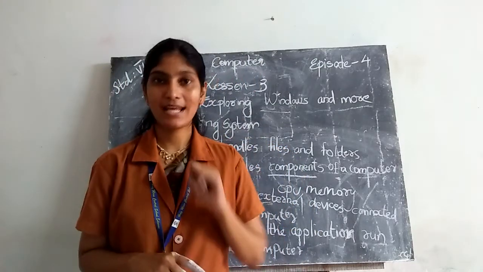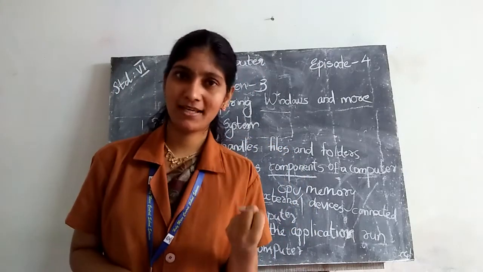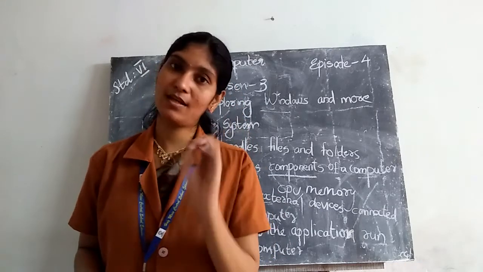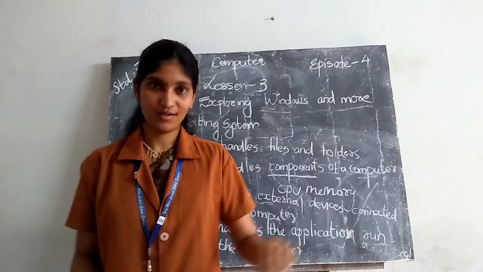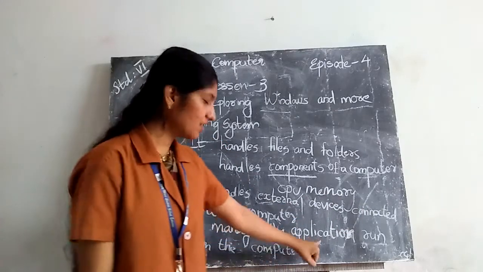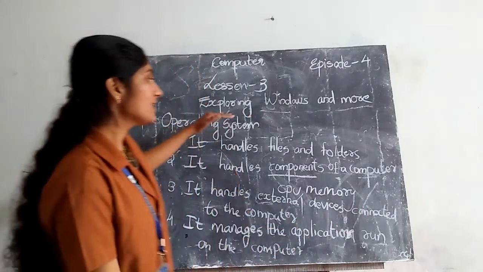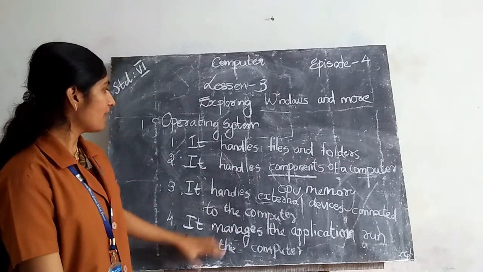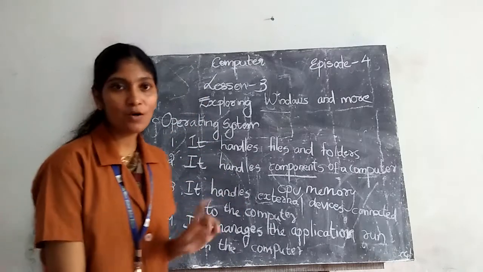Paint program is an application. Word is an application. For example, game is also an application. So it also manages the application run on the computer. These are the four points in an operating system.